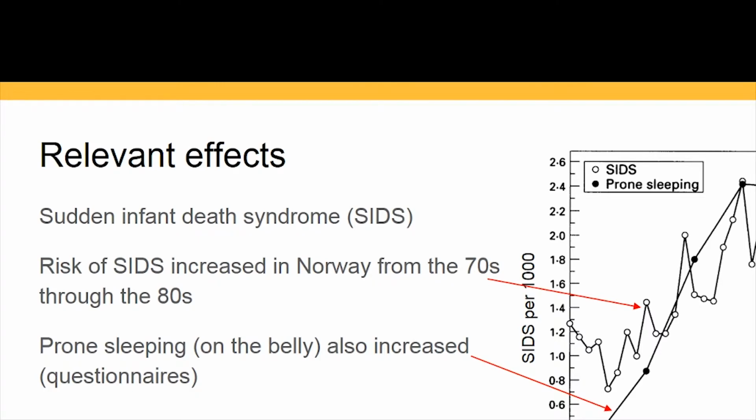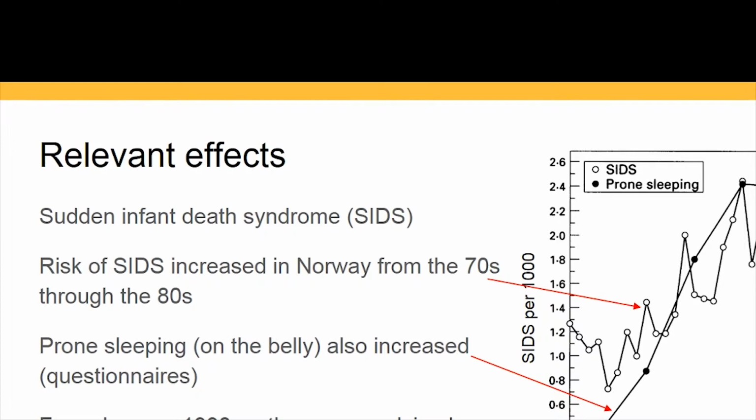I wouldn't bet my house on that statement, though. Of course, now parents are told that it's great to have the baby in the prone position as long as somebody is watching carefully. So don't leave the baby on the belly.